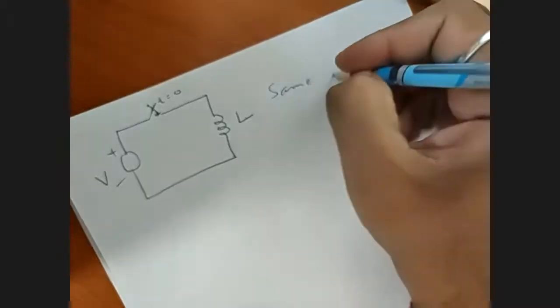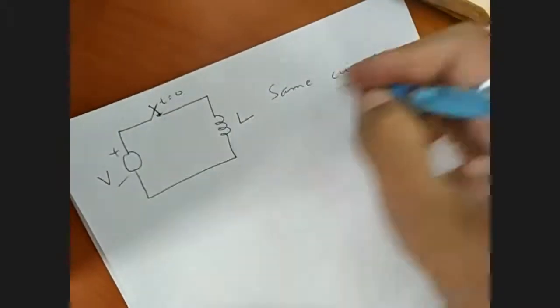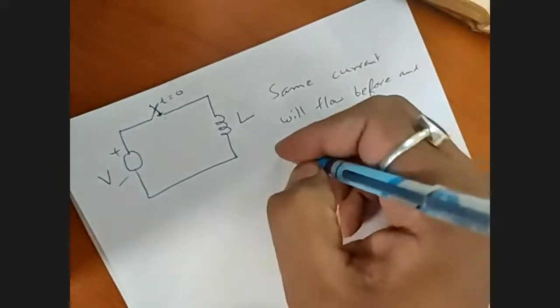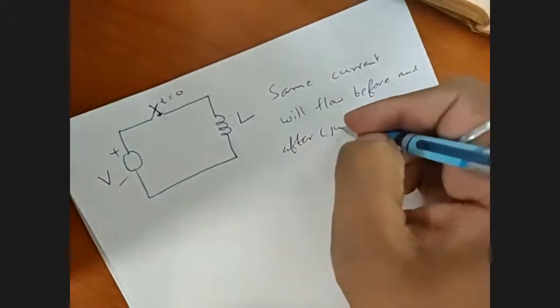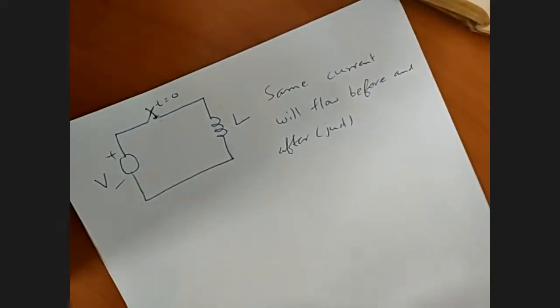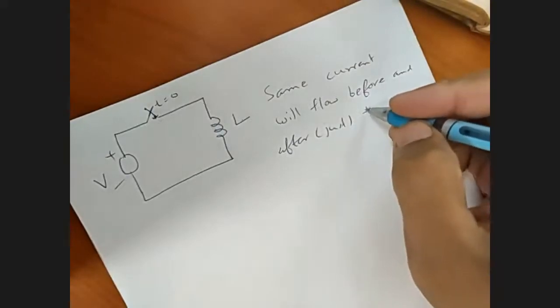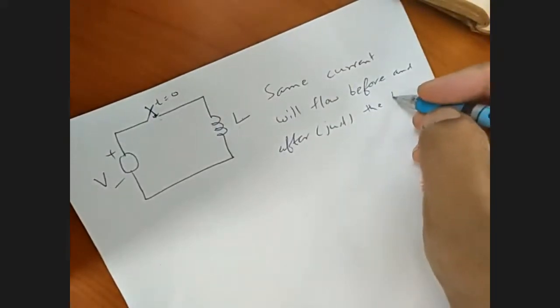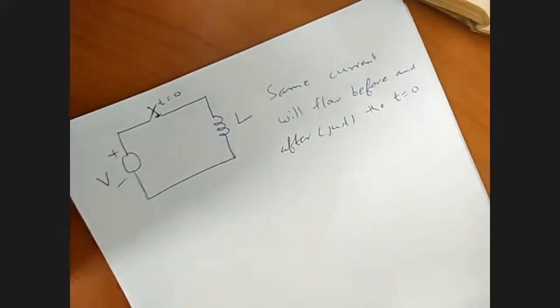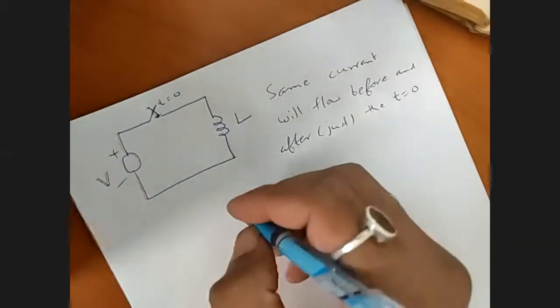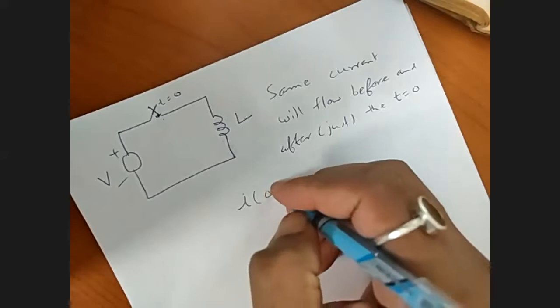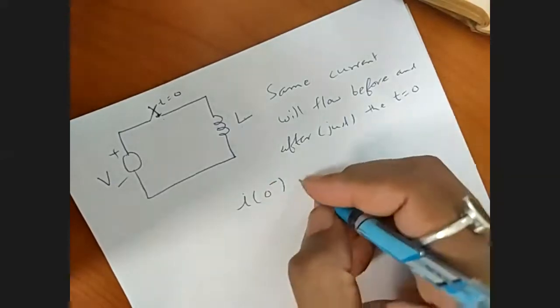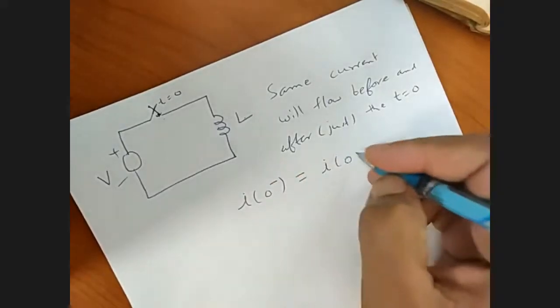So the same current will flow just before and just after t equal to 0. That means in inductance I0 minus will be equal to I0 plus.